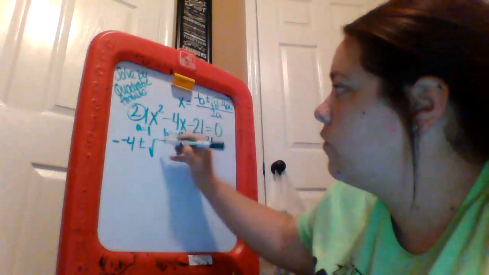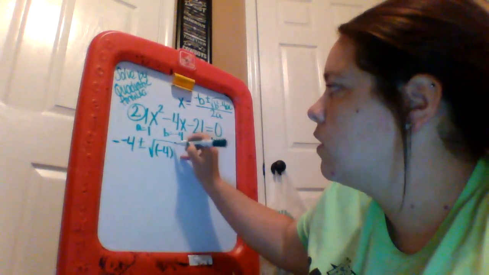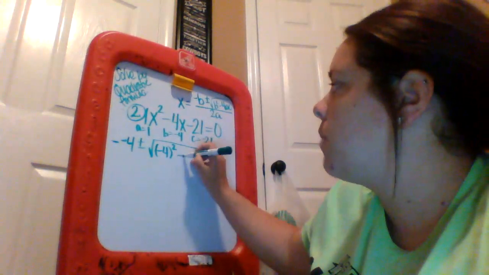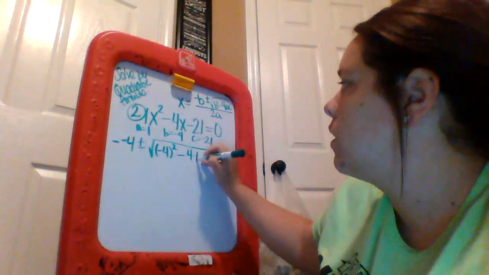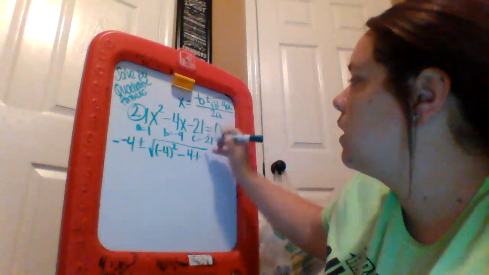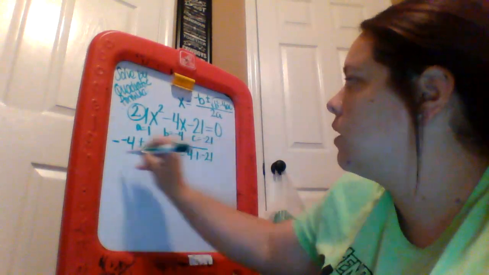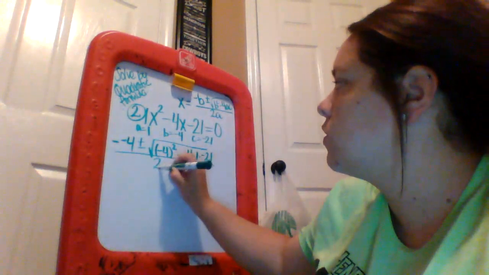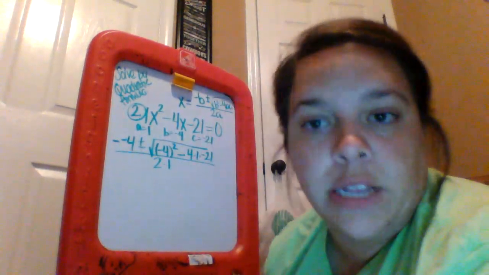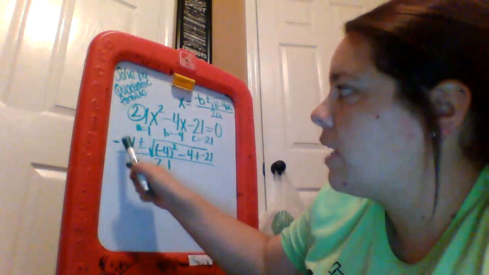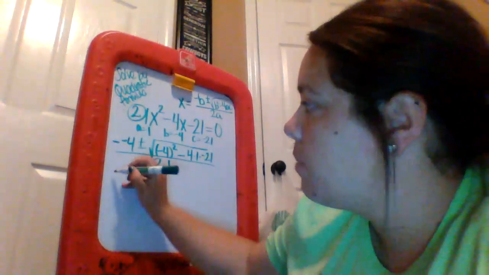So b is -4, so -4 squared minus 4 times a, which is 1, times c, which is -21, all over 2 times a, which is 1. So I just followed the formula exactly as it is. All right, so a -4 makes that a +4.